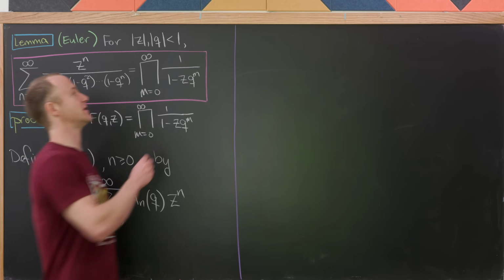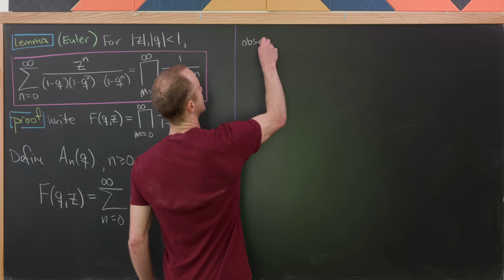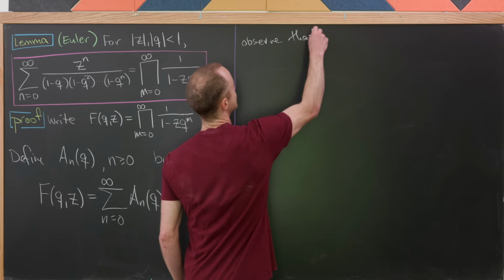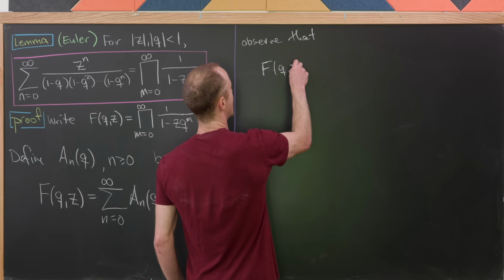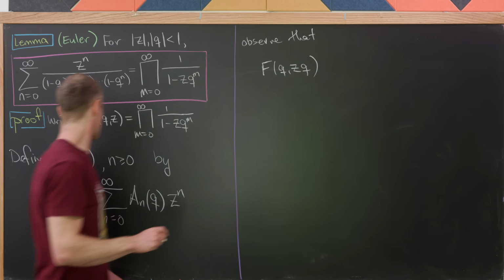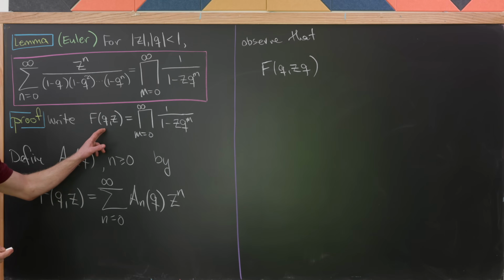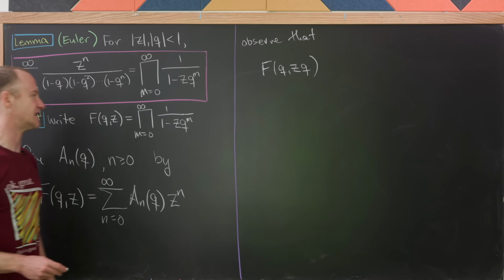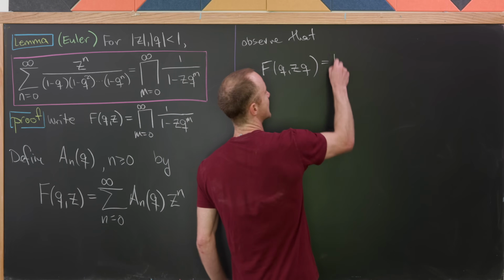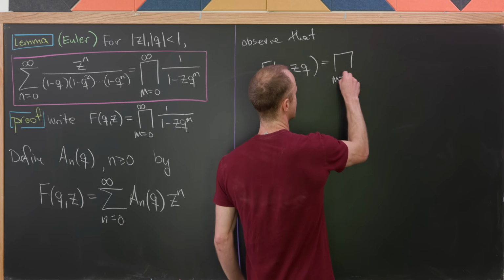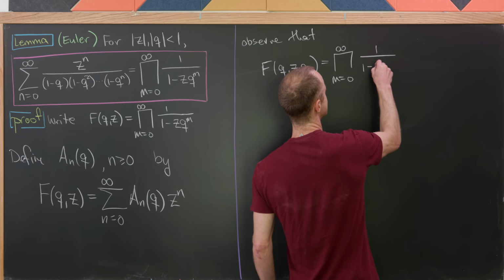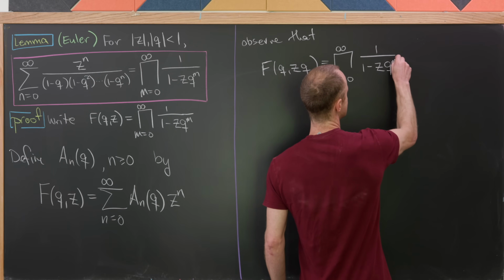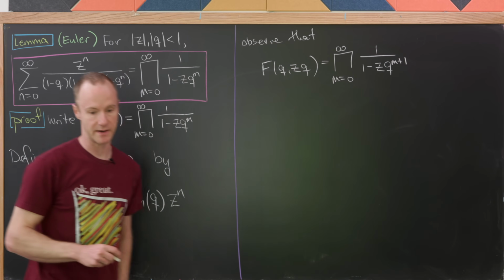So let's maybe start with the following. Let's observe that if we take f of q and then zq, in other words, we're replacing q with itself, and then replacing z with z times q. That's going to give us this product as m goes from 0 up to infinity of 1 over 1 minus z times q to the m plus 1.